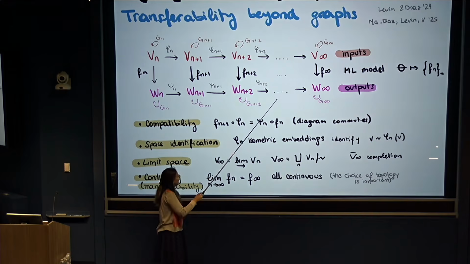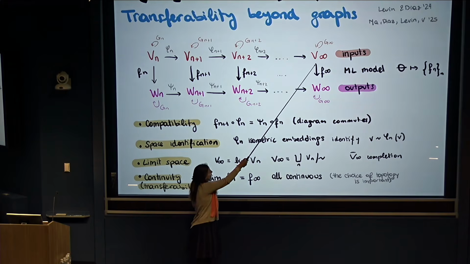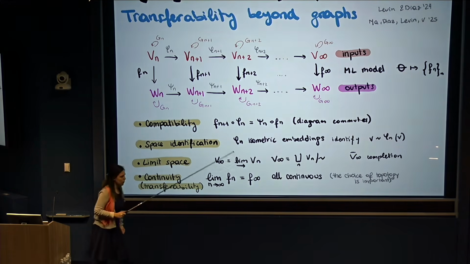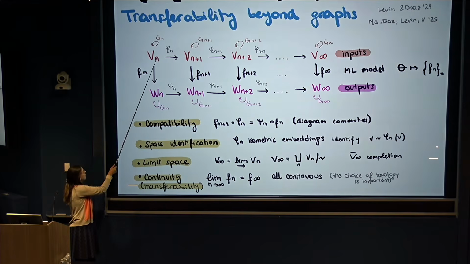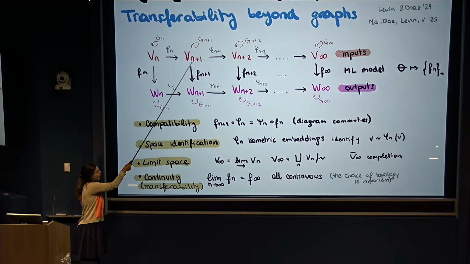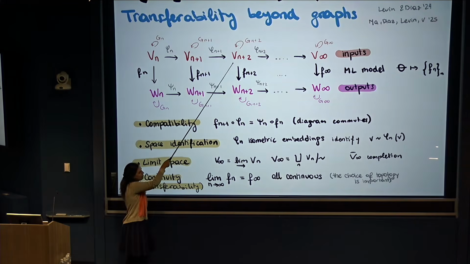And in this space, you also have your machine learning model defined, and this model is the limit of the models of the finite dimensional spaces. In order to do that, you need these embeddings that tell you how to see objects of size n inside objects of size n plus 1, inside objects of size n plus 2, and so on.